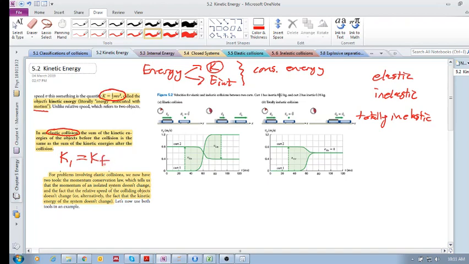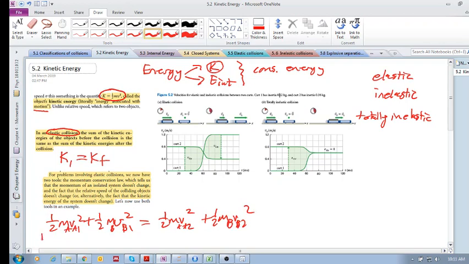All right? So that means half m_A v_A1 squared, plus half m_B v_B1 squared, these are both initial kinetic energies, is equal to half m_A v_A2 squared, plus half m_B v_B2 squared.